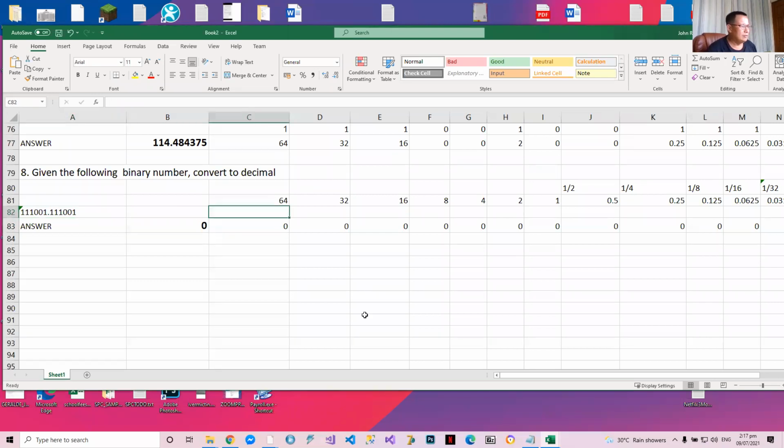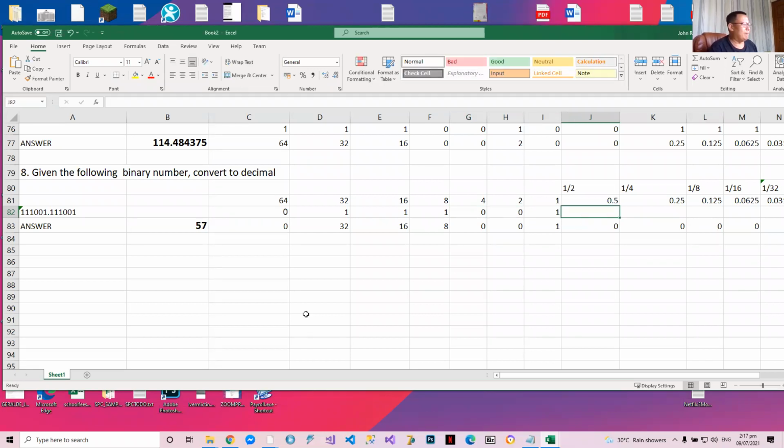We'll have 1, 1, 1. Okay. 0, 0. No, this is excess. So we don't need a 64. Okay, we'll just mark it as 0. It's more convenient. We need 1, 1, 1, because it exceeds. 0, 0, 1.